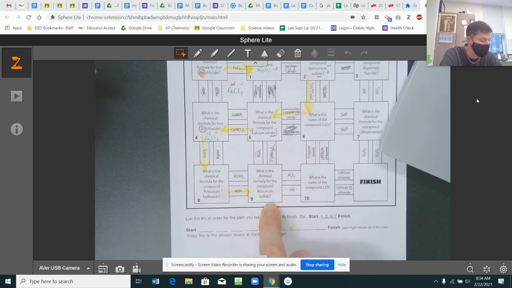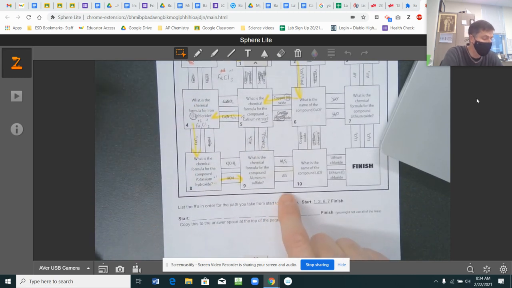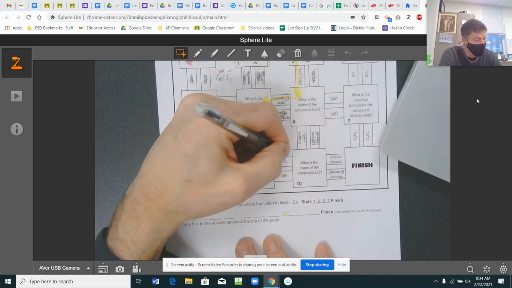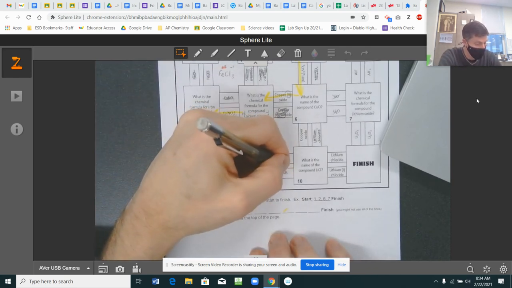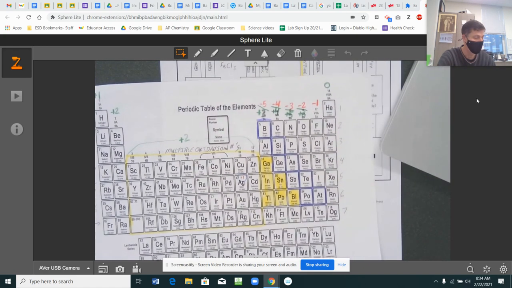Aluminum sulfide. Well, it's either a 2-to-3 ratio or a 1-to-2 or 1-to-1. What's it going to be? Check your charge. What's the charge of aluminum, reading your periodic table? +3. What's the charge of sulfur? -2.